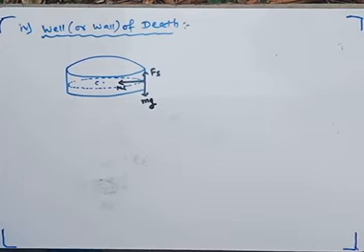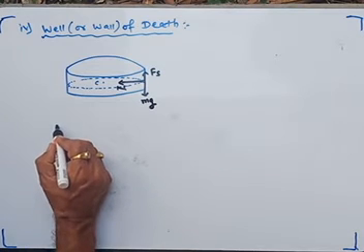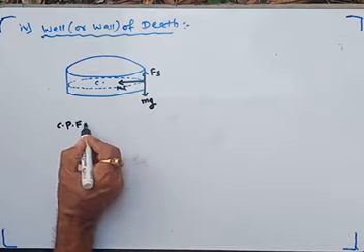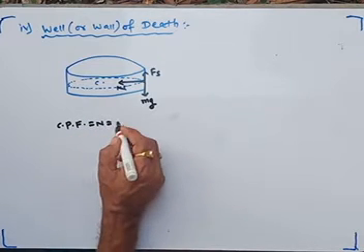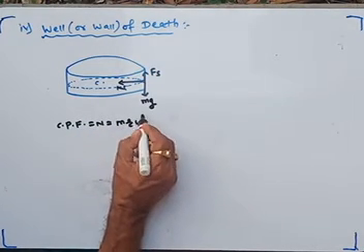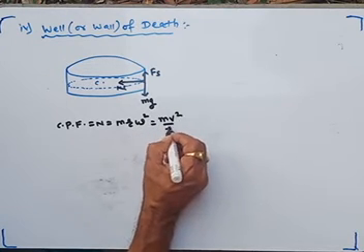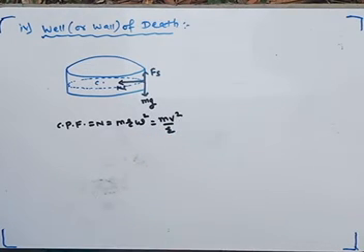N is the resultant centripetal force. Centripetal force is equal to N. We write m r omega square is equal to mv square upon r. This is the necessary centripetal force.